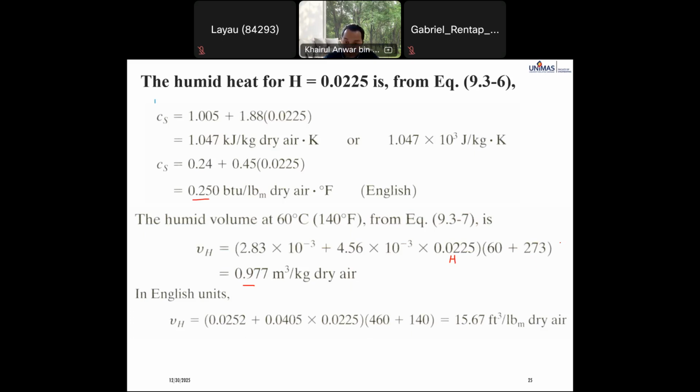Okay. So plus 273 because the temperature is in Kelvin. Refer to 33.3-7 in Kelvin. Temperature given by the equation is degree C.